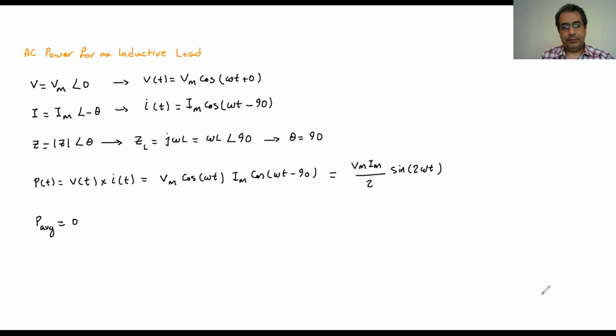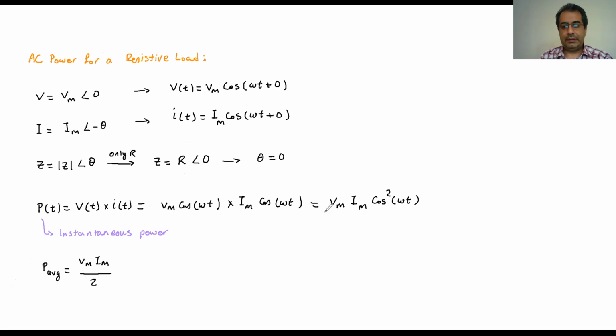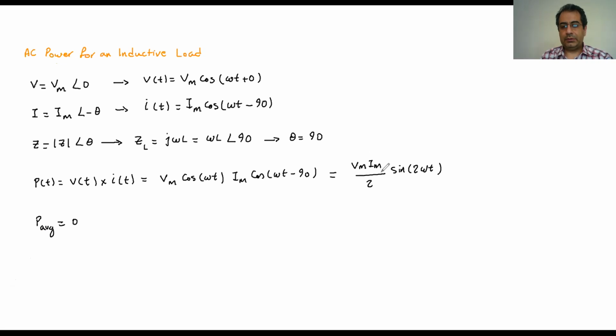In contrast, the previous one for the resistance was a cosine square, so it was always positive. Here in the inductance case, there's no square, so it's going to be negative and positive, a sinusoidal wave, and its average becomes 0.